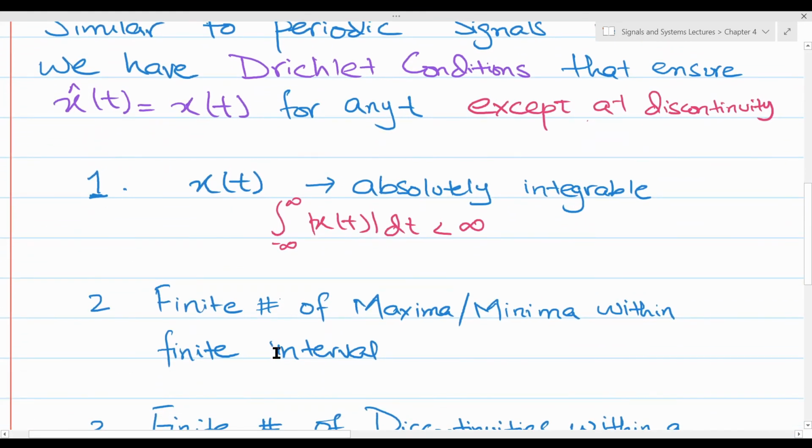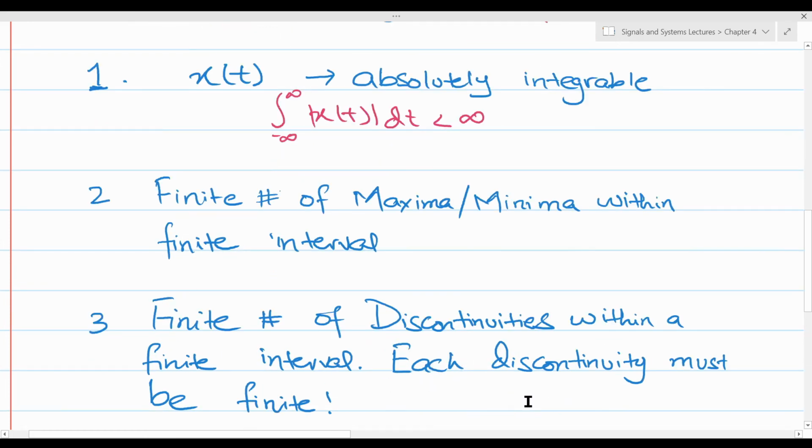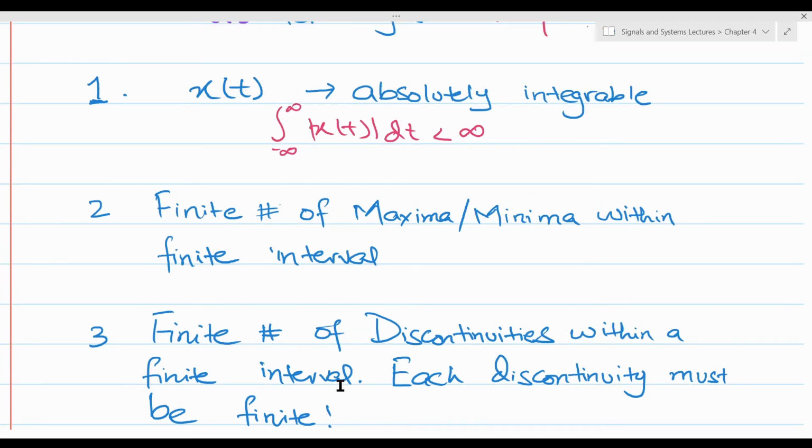Secondly, there should be a finite number of maximas or minimas within a finite interval. And third condition is there should be finite number of discontinuities within a finite interval, and each discontinuity must be finite. For the aperiodic signals, these three conditions must be satisfied.